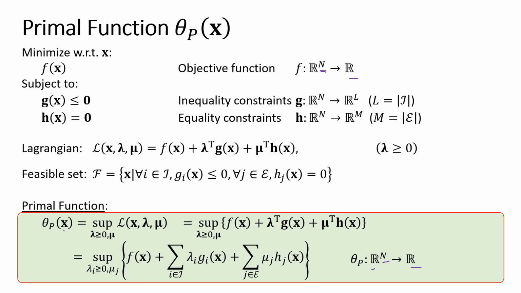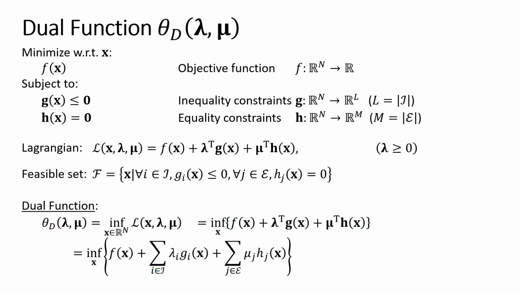So in the dual, what we do is, theta_d is a function of the dual variables, lambda and mu. We eliminate the primal variable x from the Lagrangian by taking the infimum with respect to x.